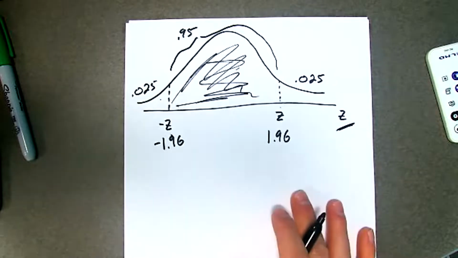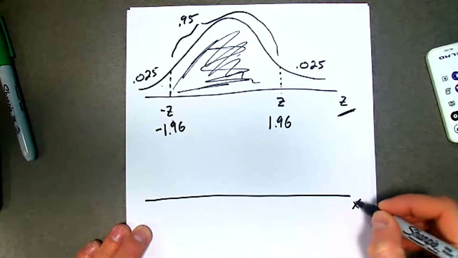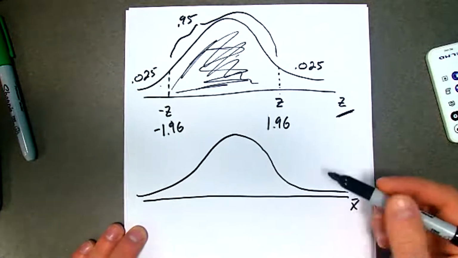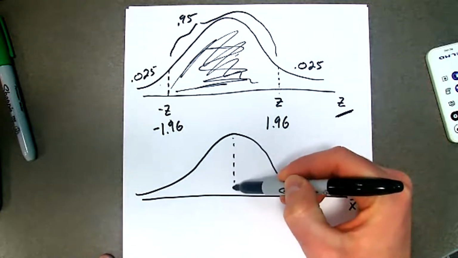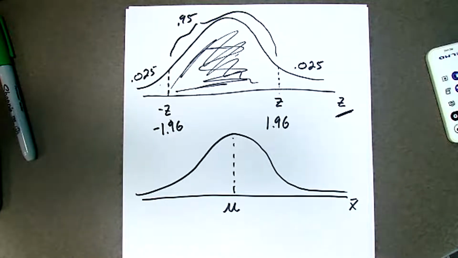Okay? From there, what we can think about is, what do I know about the distribution of my sample means? Well, as long as I have a sample size over 30, they should be normally distributed, right? And they should be normally distributed around whatever that population mean is. Even if I can't see it, right? It exists, even if I don't have the data, I know my sample means would be normally distributed around it.